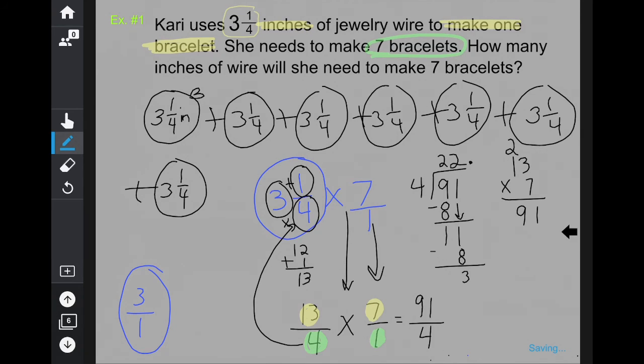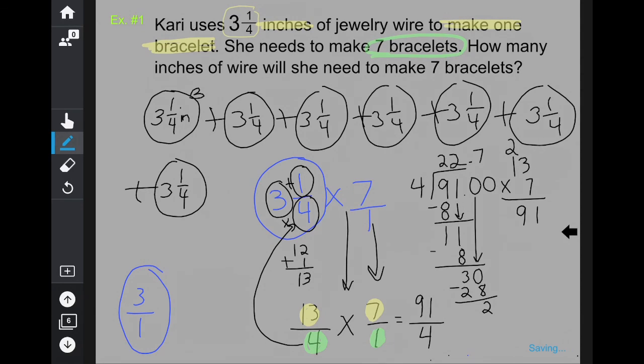But I have nothing left, so I'm going to add a decimal point and bring down a 0. Don't forget your decimal point. 4 can go into 30. How many times can 4 go into 30? 4 can go into 30 7 times. 7 times 4 is 28. 30 minus 28 gives me 2.